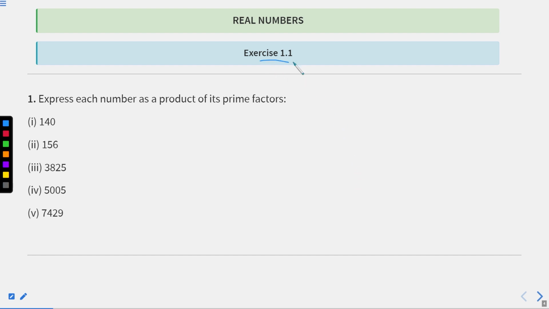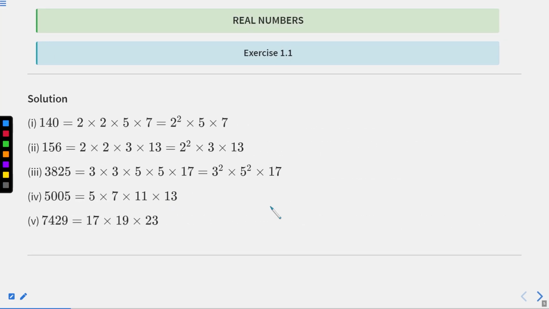Exercise 1.1, question number 1. Here we have to express each number as a product of its prime factors. First we have 140. This can be written as 2 and 70.